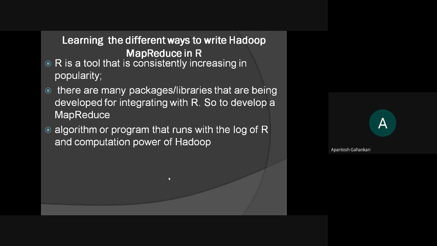Okay, so there are many packages and libraries that are being developed in R, and that is why R is increasing in popularity. Okay, and it is not only efficiently able to deal with the statistics, but with MapReduce also. So there are packages and algorithms or programs that can run with the help of R, and then the computational power of Hadoop has been combined over here.